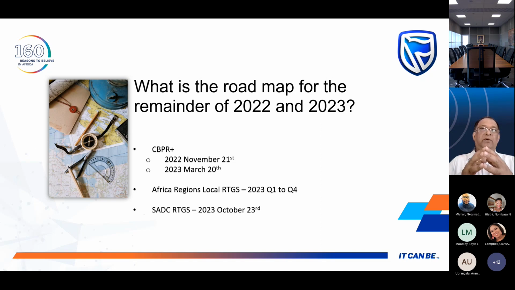The next phase was cross-border: anything entering into South Africa, anything entering cross-border on any financial institution within the SWIFT network. That change was scheduled for November 21st, 2022. Unfortunately, it did not happen.